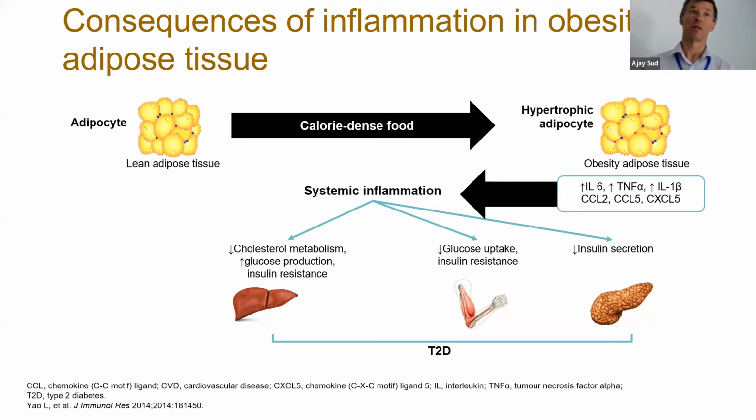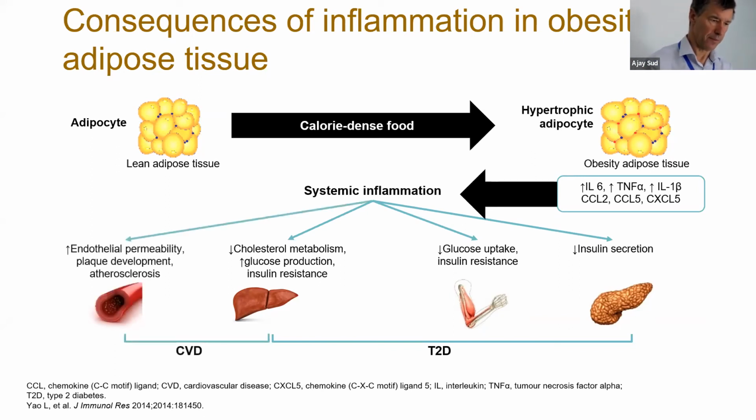That includes within the arteries. And this can then contribute not only to the development of diabetes through the mechanisms that I've just mentioned, but also to the higher risk of cardiovascular disease because of the development of atherosclerosis.